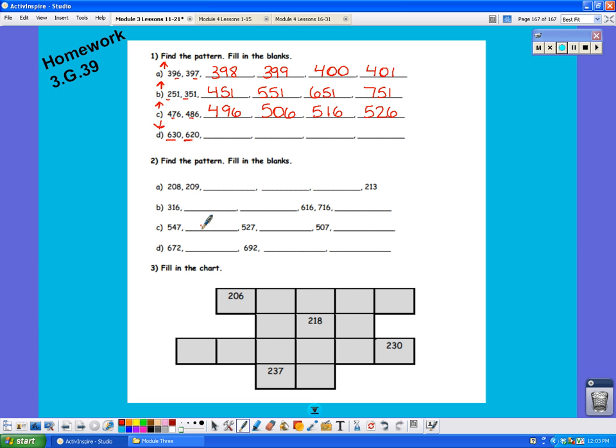63 10s, 62 10s, 61 10s, 60 10s, 59 10s, 58 10s.